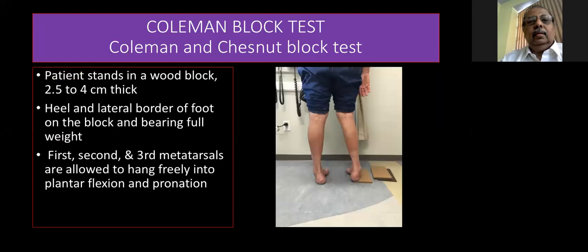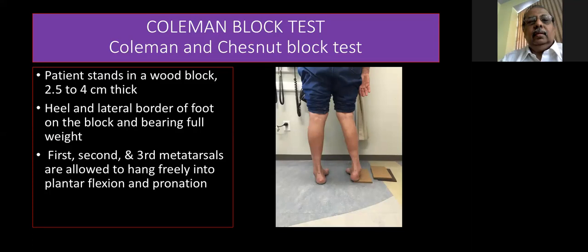In the Coleman block test, I have already said what is happening in cavus. The first metatarsal is plantar flexed. When the first metatarsal is plantar flexed, you find there is some eversion. So if they want to bring the fifth metatarsal in line with the first metatarsal, the whole foot will have to invert, or the heel has to go into varus. So suppose you ask the patient to stand on a wooden block, usually around 2.5 to 4 centimeters thick.